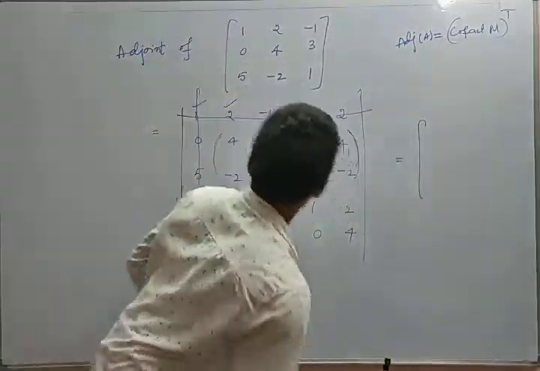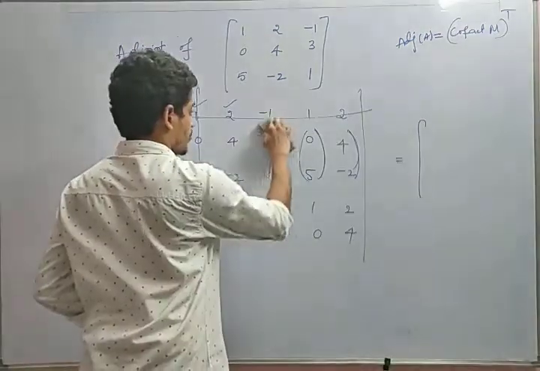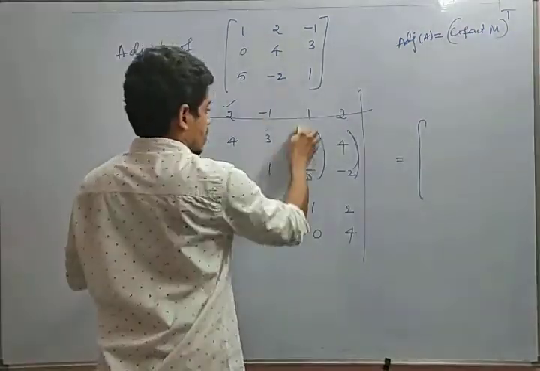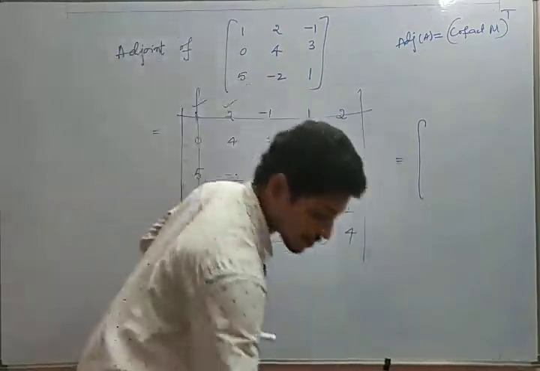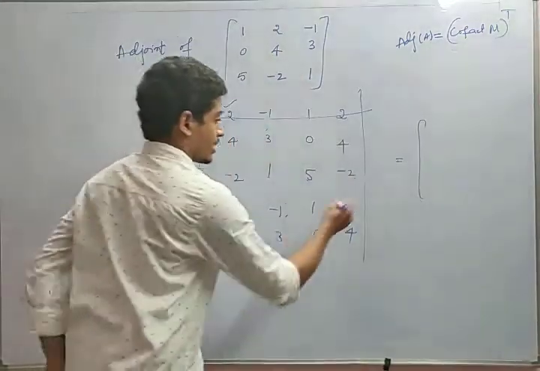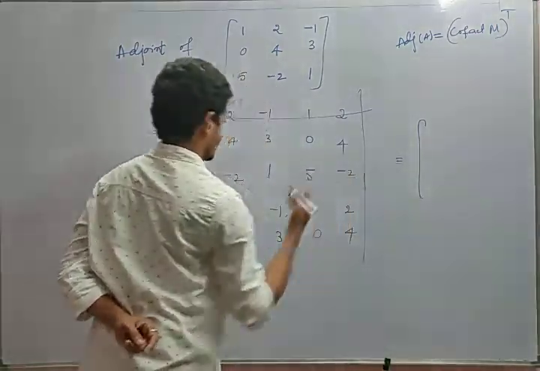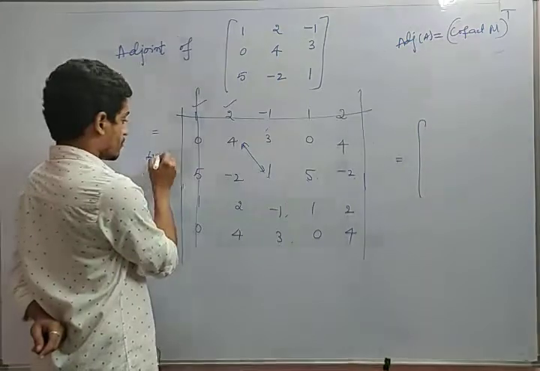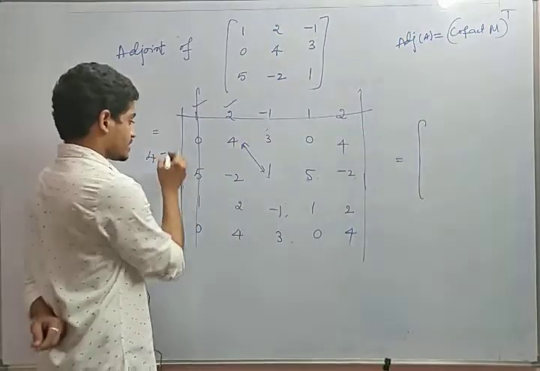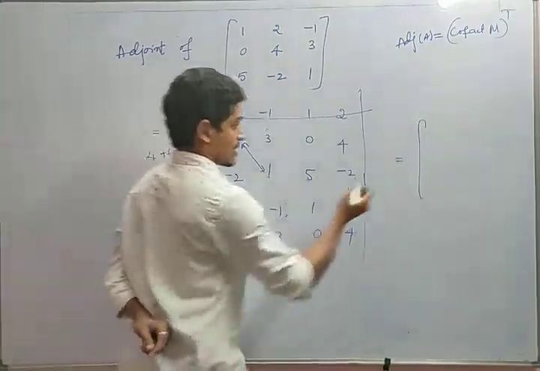See friends, see carefully. After doing all these things, extending the columns first, extending the rows next, and deleting the first column and the first row, now we are going to get the values. See, 4 into 1, 4, right? Minus 2 into 3, minus 6. That means here plus 6. 4 plus 6, 10.